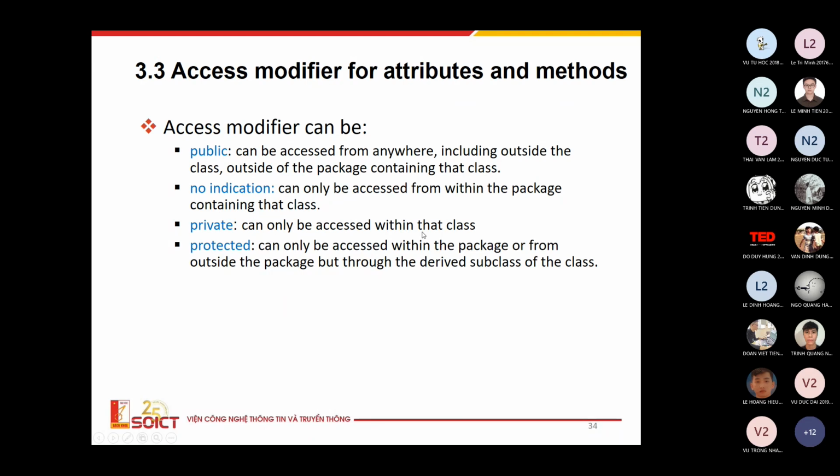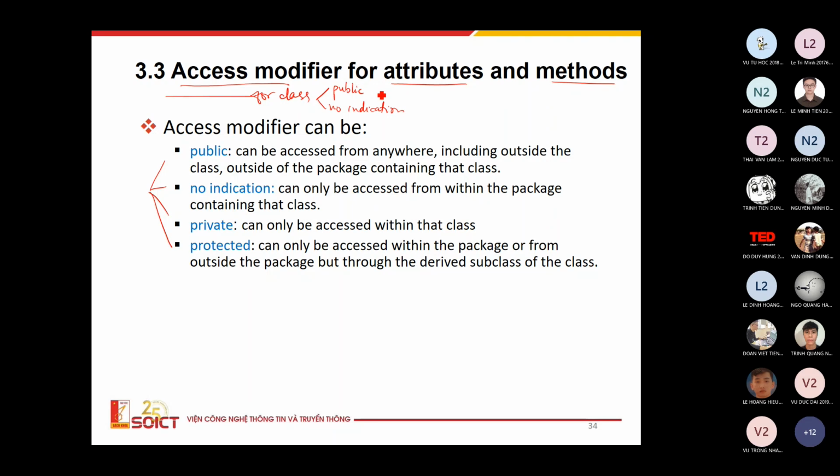And what about the access modifier for the attributes and methods? Here you will know there are 4 ways to declare the access modifier for attribute and method. It's different from the access modifier for class. For class, we just have public and nothing, or no indication.